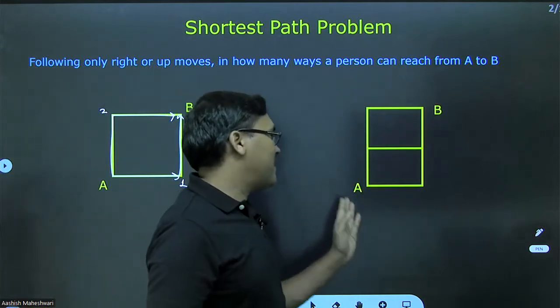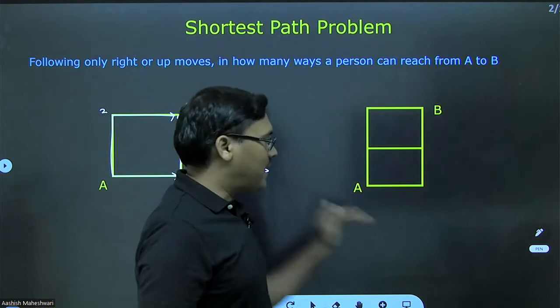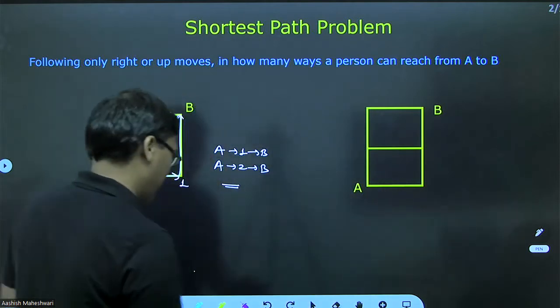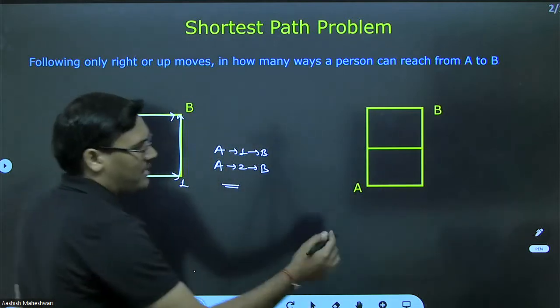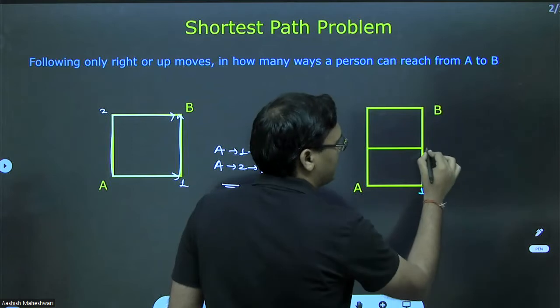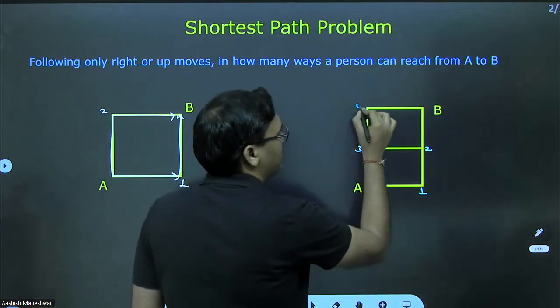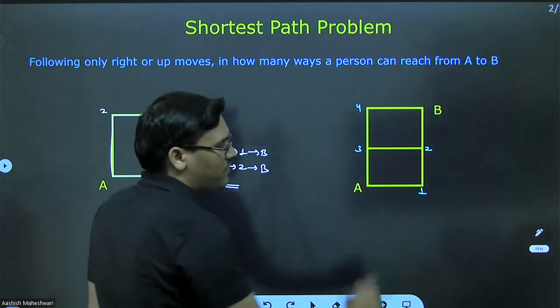In how many ways can I reach from A to B, again following the right move and up move? Again, you can easily count, no big deal. I'm just naming these points 1, 2. So in how many ways can you reach here?